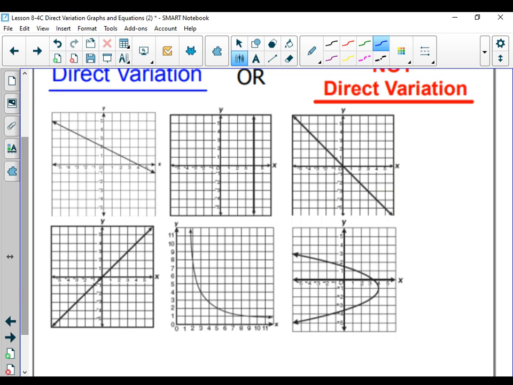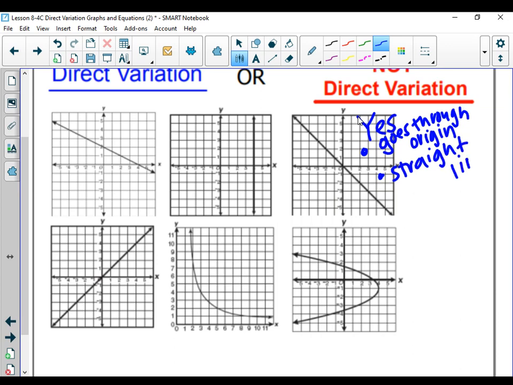The third one and the fourth one. So this is a yes? How come? Because it goes through the origin and it's a straight line. So basically two explanations. Same thing over here? Yeah.